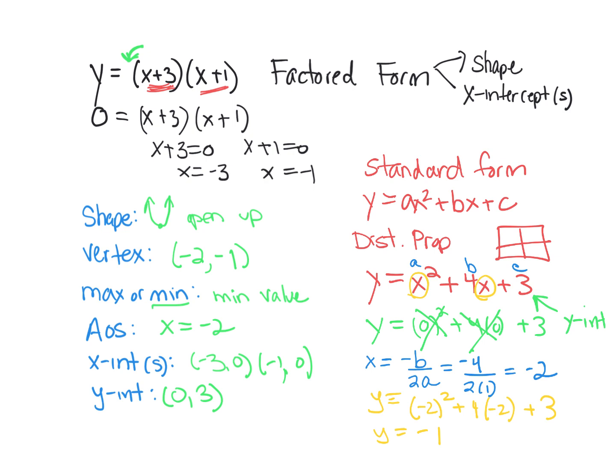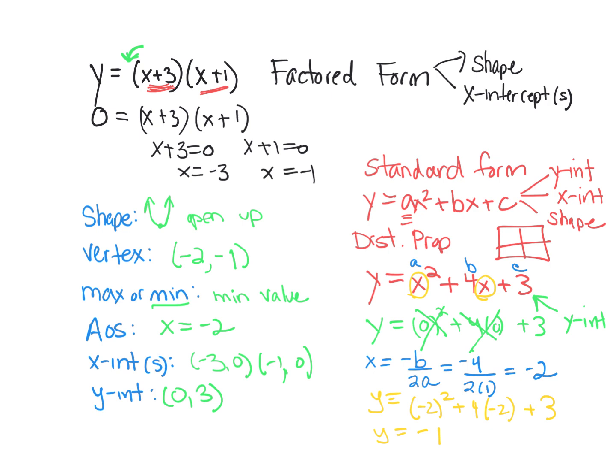Okay, so looking at standard form then, we were able to get our y-intercept, and we could have used it for our x-intercepts also. Now, we already had our shape, but we could have used it for our shape also.